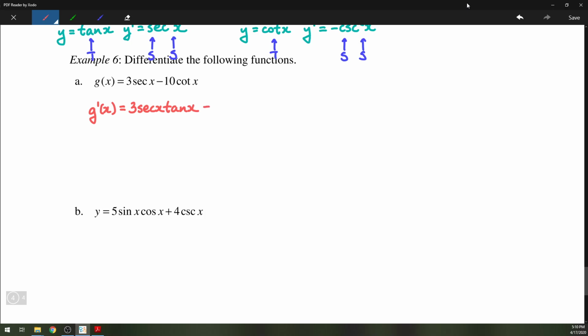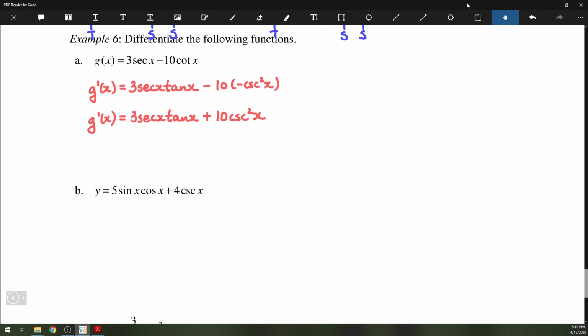And then the derivative of cotangent, of course, is negative cosecant squared x. And then you can simplify the expression by combining the two negative signs. So you have 3 secant x tangent x plus 10 cosecant squared x.